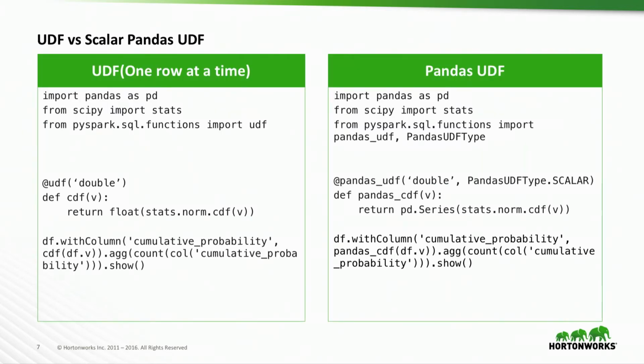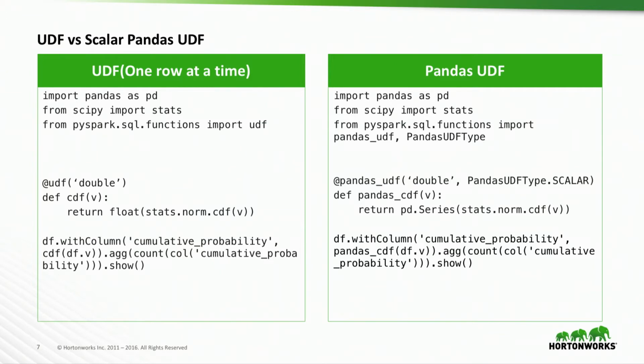The first example is we want to calculate the cumulative probability for a column value, which is the CDF. On the left-hand side is the original UDF, which calls stats.norm.cdf on each row, and it will process one row at a time.